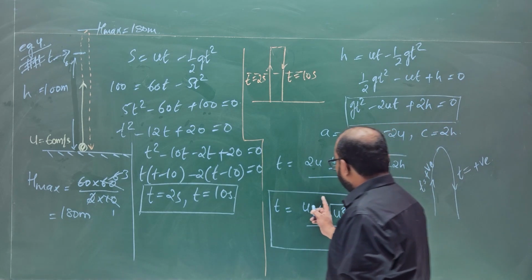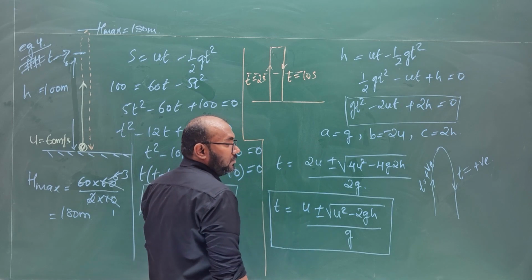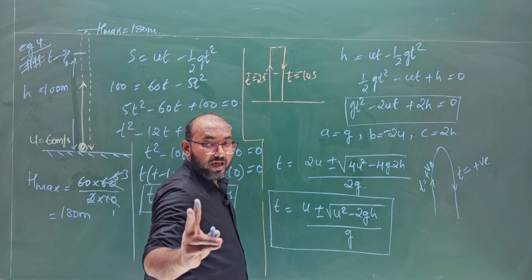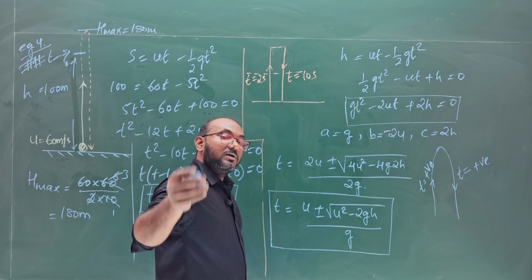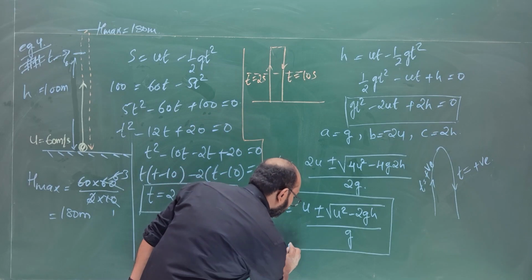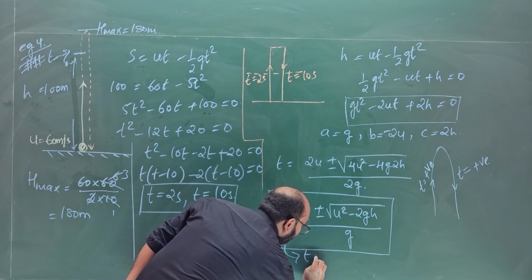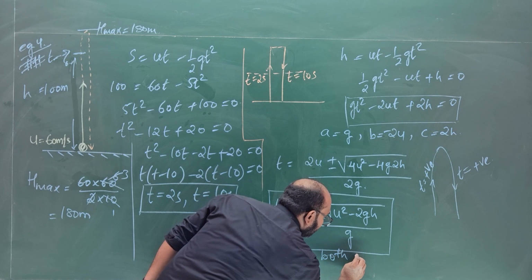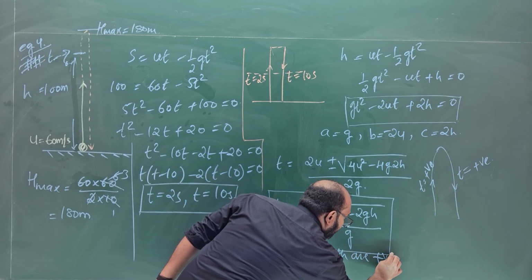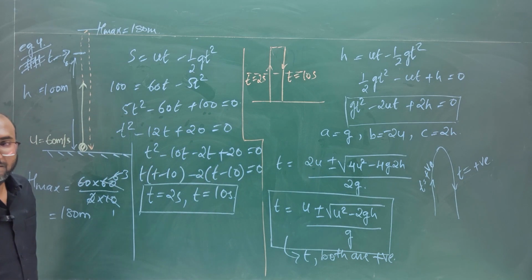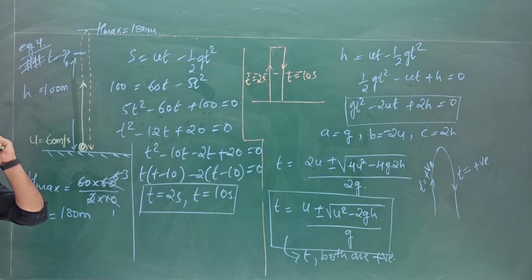That means this equation will always provide you the value of time as two values, and those two values will always be positive. So both values of t are positive. Okay, and one time will be the ascending time, and the other will be the descending time. Okay, write down this one.